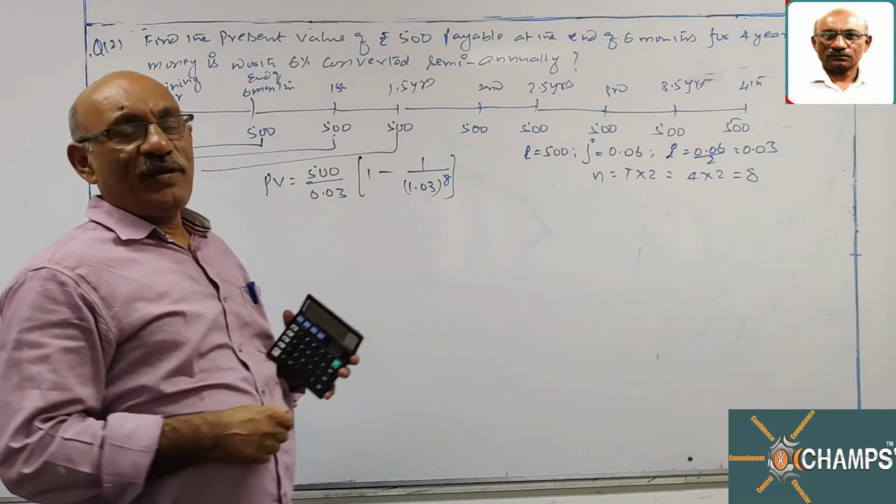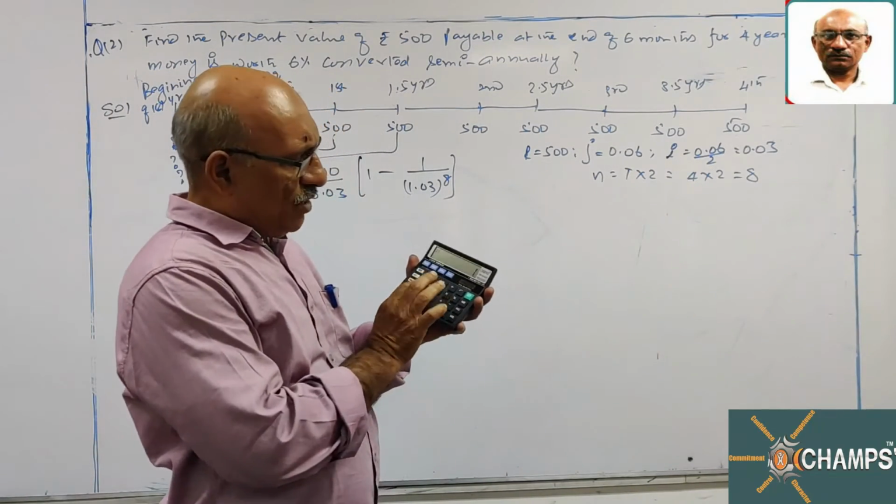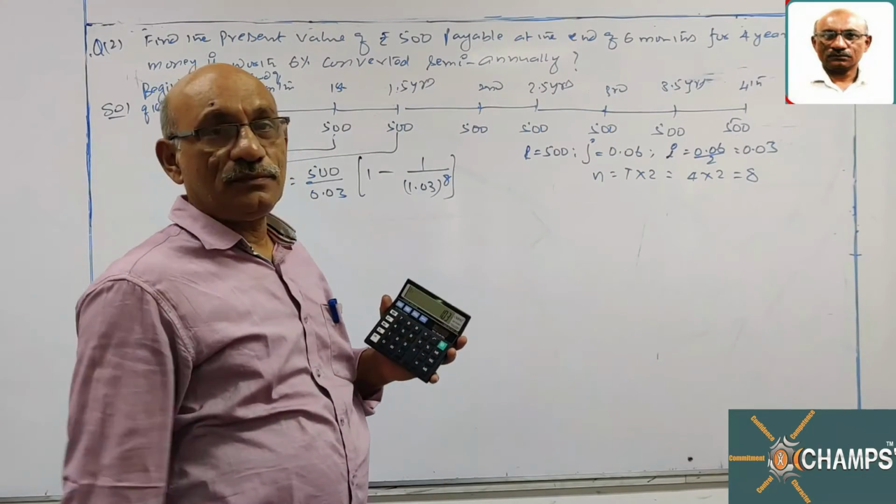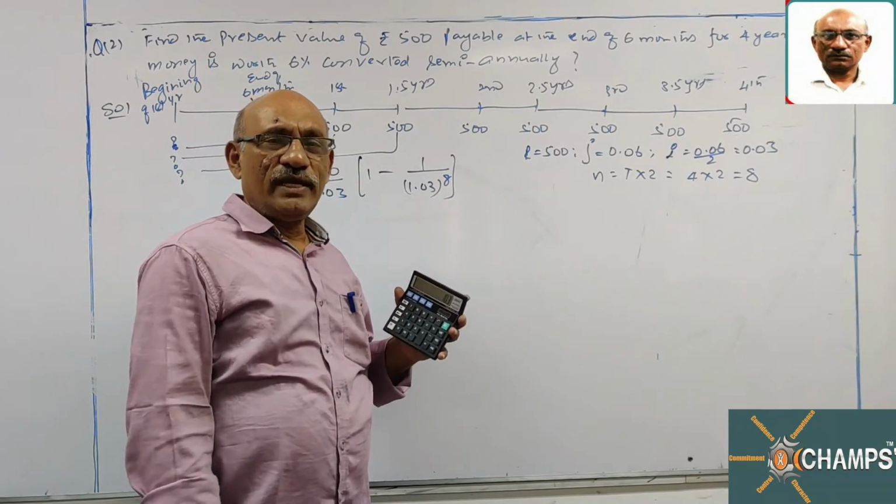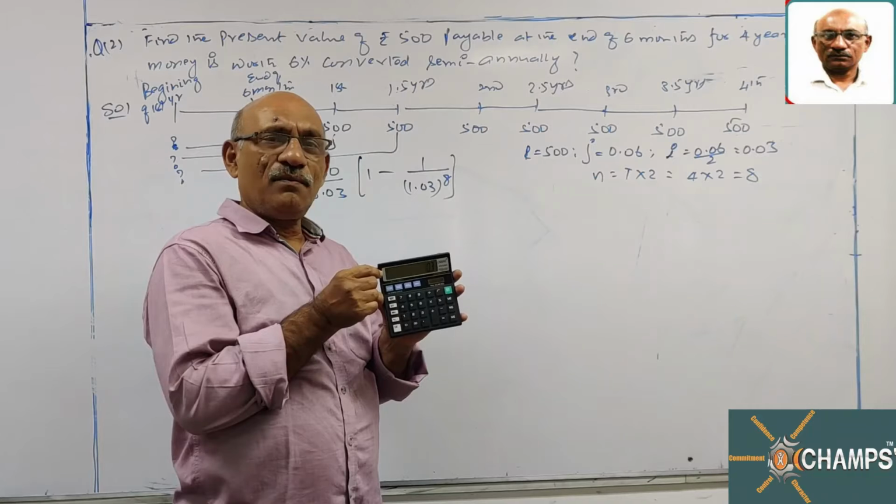One more time, let me explain the concept on the calculator. 1.03 into, then press the equal to sign until the left-hand corner number becomes 9.